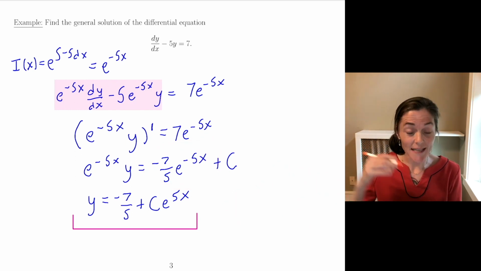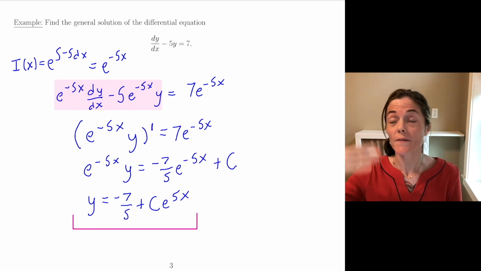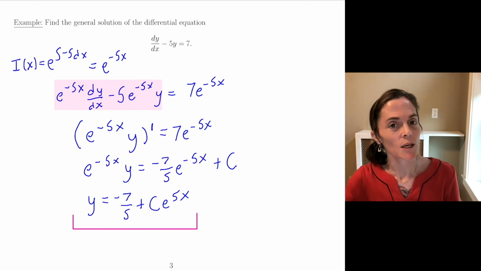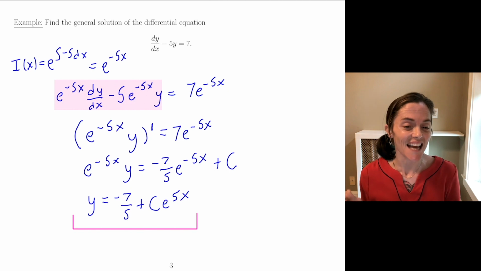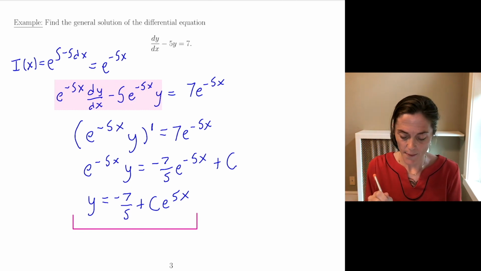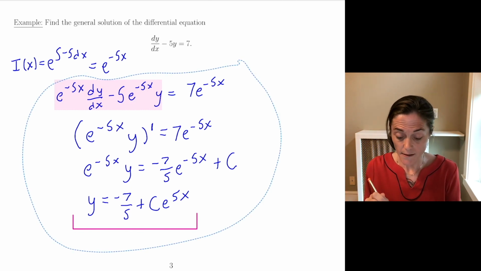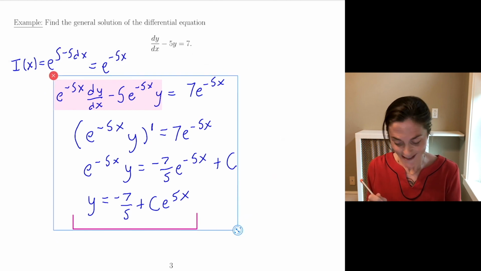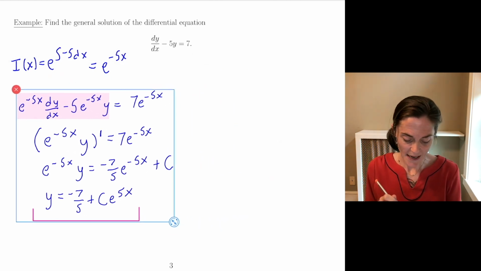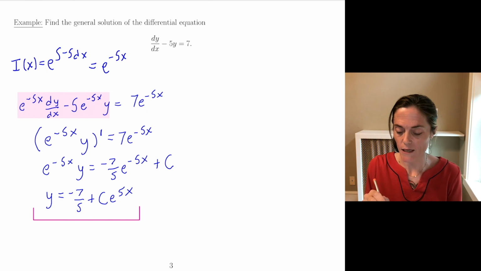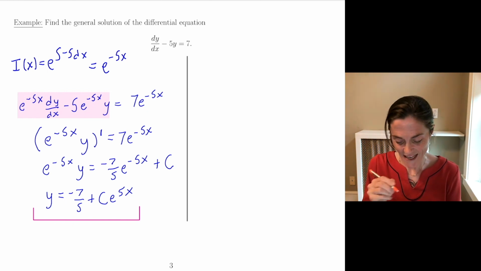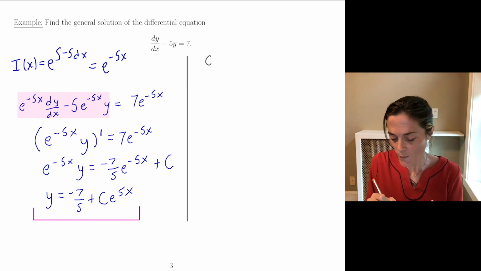Maybe for this one, let's verify. We know if you have some differential equation and you think you have a solution, you can always check. So let's do that. Maybe I'll move this over. This is not required. We have solved the problem, but I have space on the page. So let's check.